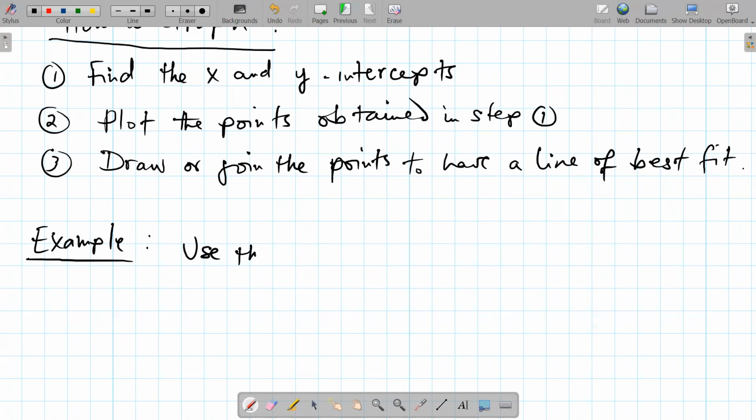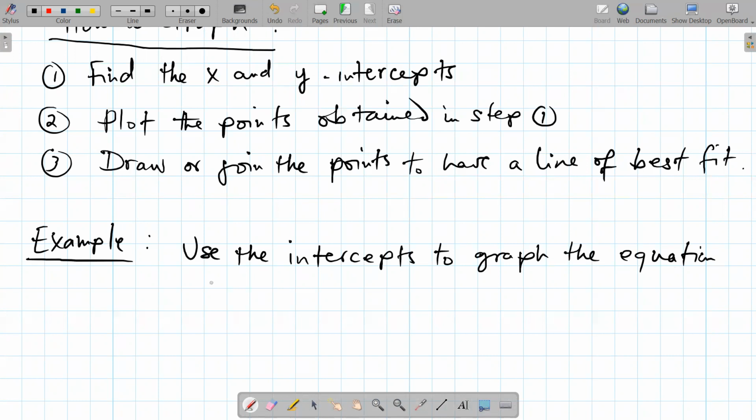Use the intercepts to graph the equation 3x minus y equal 3.